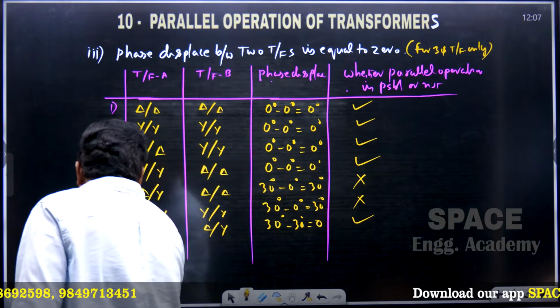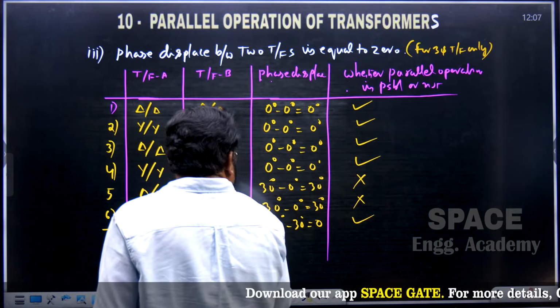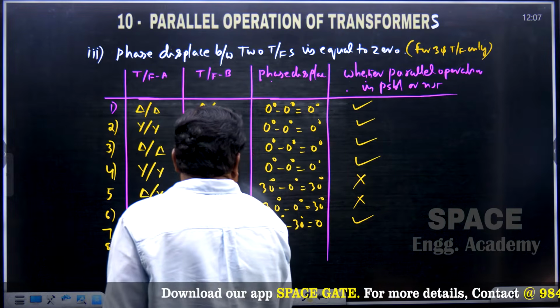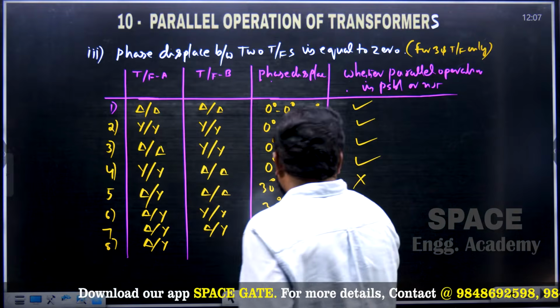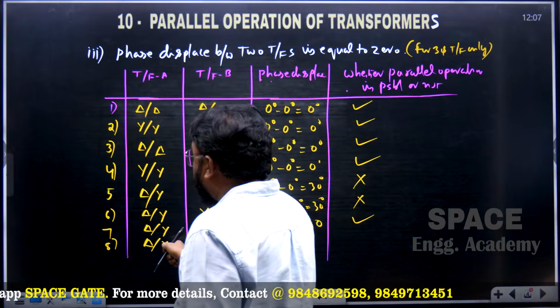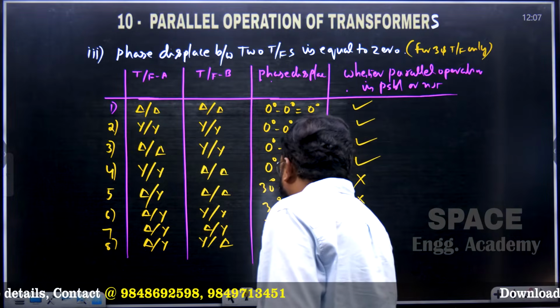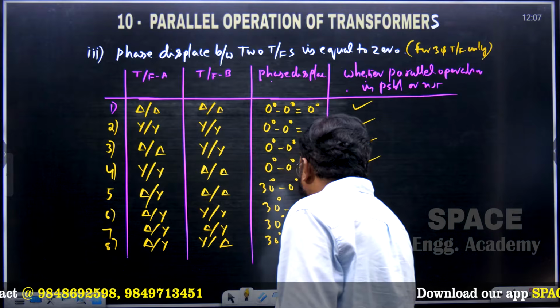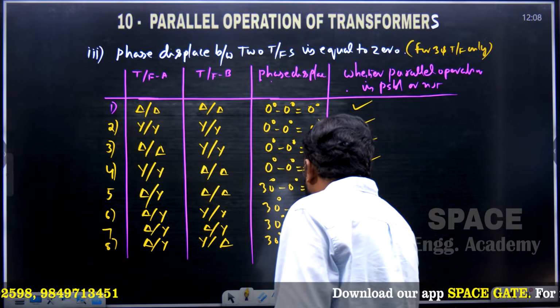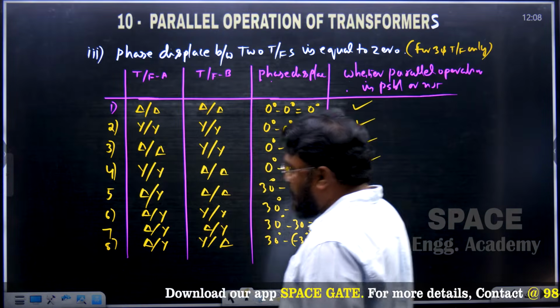And one more combination: suppose one is a delta star and the other one is a star delta. If delta star is plus 30 degrees, star delta will become minus 30 degrees, and 30 degrees minus of minus 30 degrees is equal to 60 degrees. So this connection is not suitable for parallel operation.